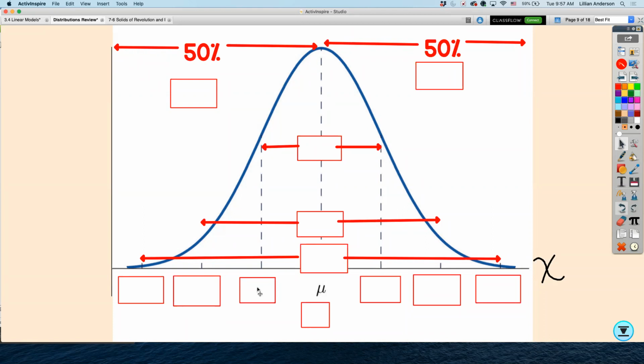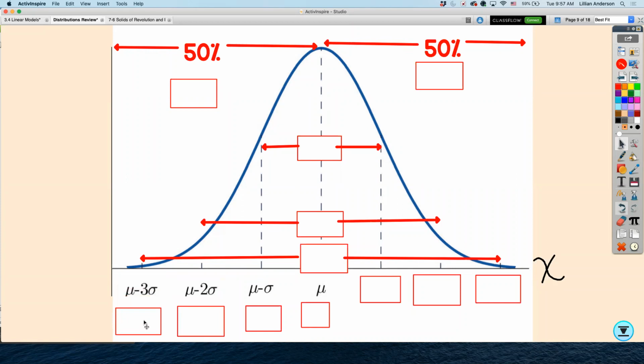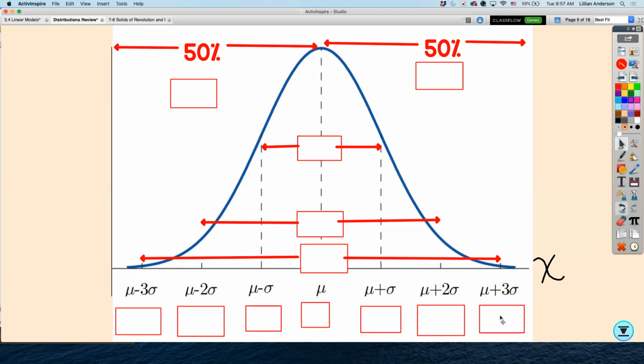To the left of your mean, you would subtract 1 standard deviation, 2 standard deviations, 3 standard deviations to get these respective values. To the right of your mean, you would do the opposite. So you would add 1 standard deviation, 2 standard deviations, 3 standard deviations.